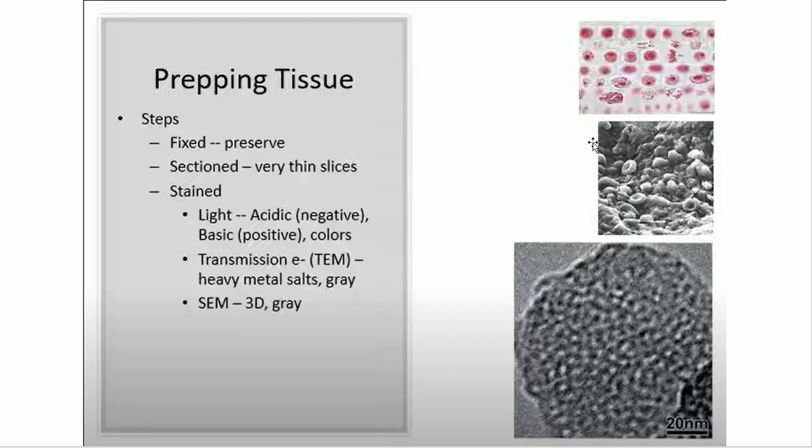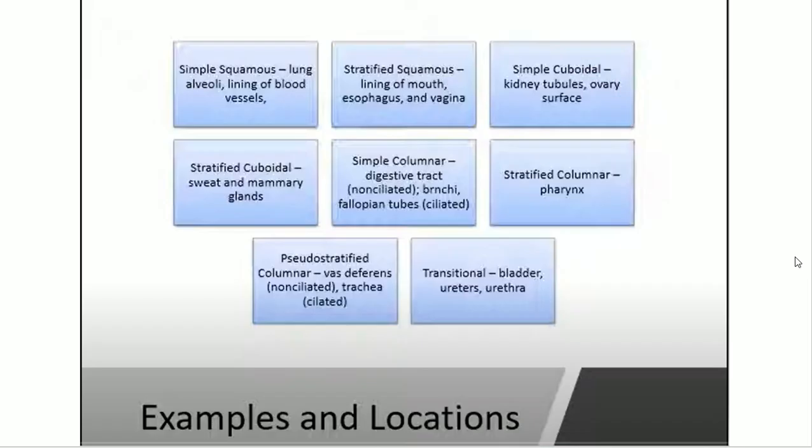We'll never use one of these. Super, super expensive. And then this one down here is an SEM, a scanning electron microscope. Again, you get a nice 3D image, same as the TEM, except with an SEM, you can see the inside of the cell as well as the outside of the cell. So SEM gives you just a little bit more viewing there.